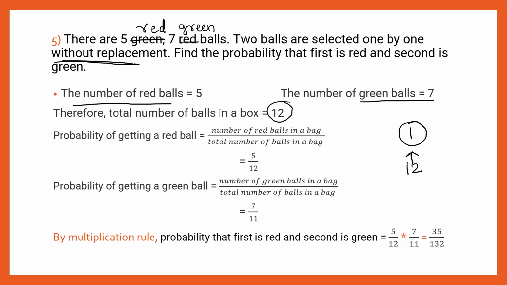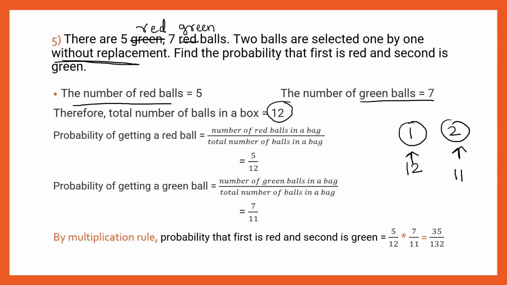So when I am picking up the second ball, how many possibilities do we have? Because one ball is already taken out, we are not keeping it again into the box. So that would be 12 minus 1, which is 11. So when I'm taking the second ball, we will have only 11 total balls available in the box.